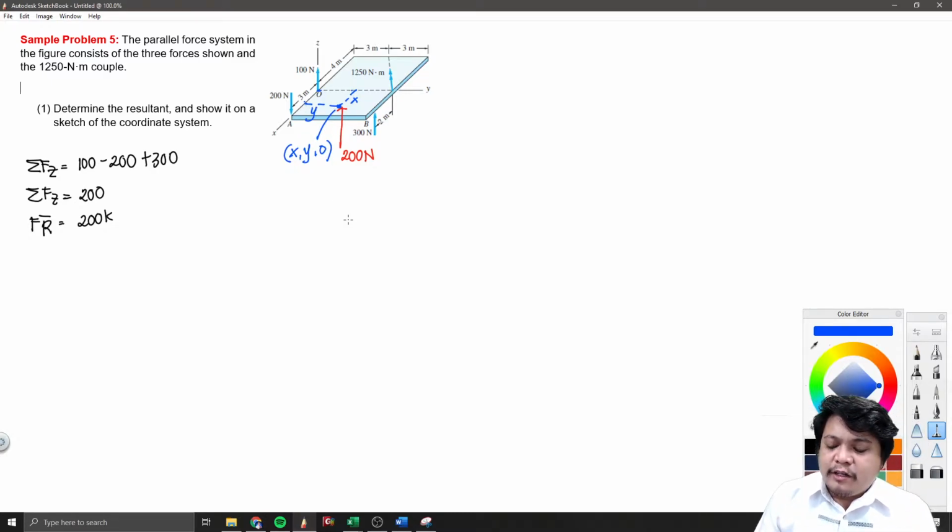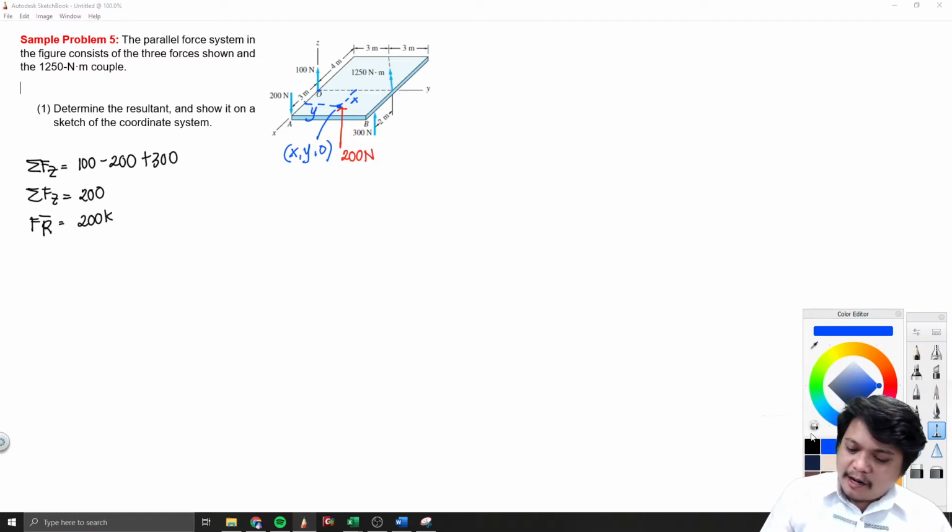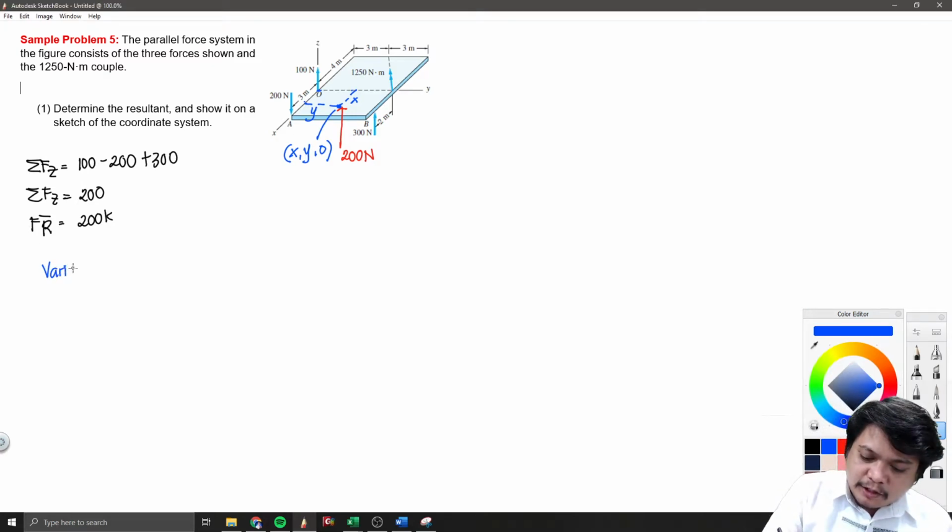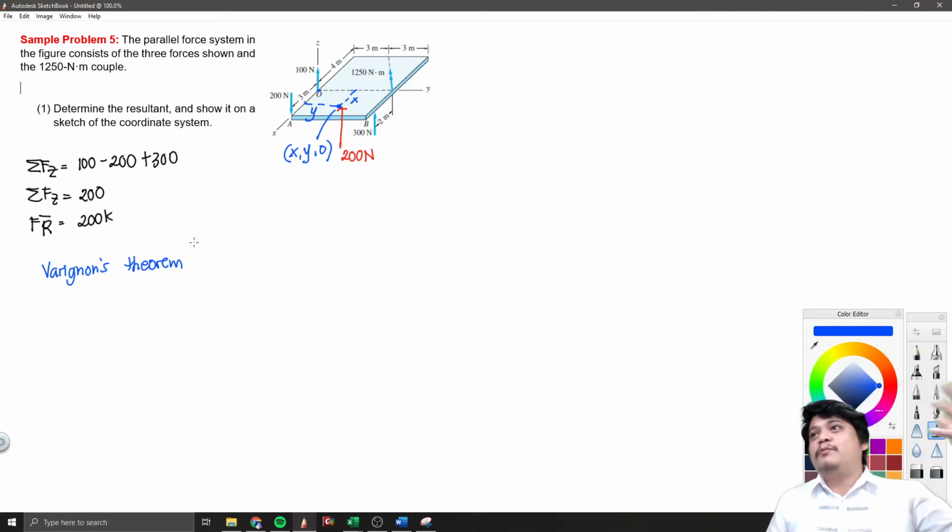Okay? Then, ang sabi natin kanina, dapat yung summation of moment natin at a certain point, ano sabi ni Varignon? Actually, that is from what you call Varignon's theorem. Parang sinasabi niya, yung moment ng kabuuan, it should have the same effect as the moment ng isang resultant lang.